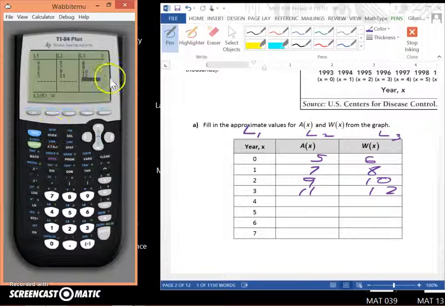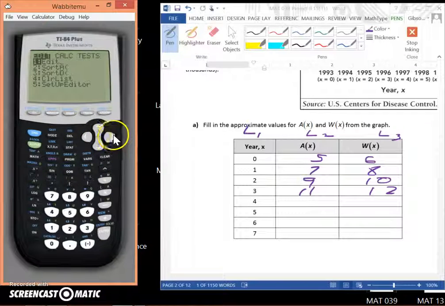So we still would start this off the same as we did before. We hit Stat, calculate the number 4, and then we will press Enter until we get an answer. Now this answer here would take care of A of x because we only dealt with L1 and L2. Matter of fact, let me re-show that because I went a little too fast.